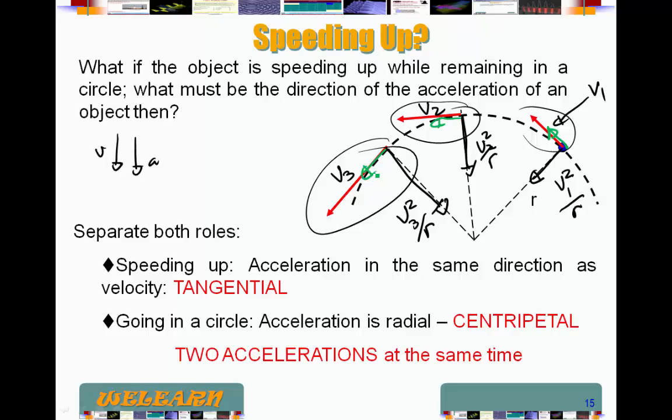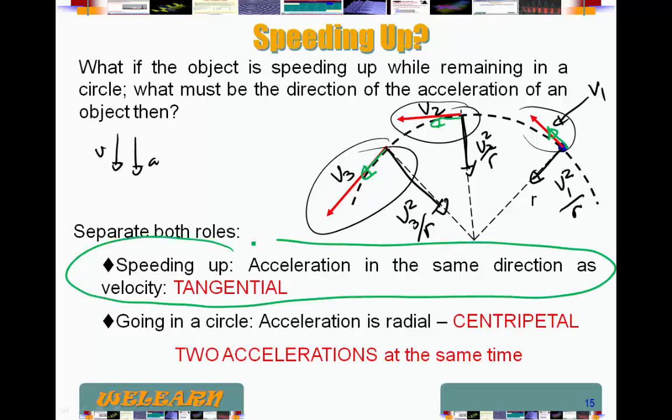Now, these green arrows I drew are tangent to the circle. They are along the same direction as the velocity, so they are tangent to the circle. So, the acceleration responsible for the speeding up around the circle is going to be a tangential acceleration. It's in the same direction as the velocity.